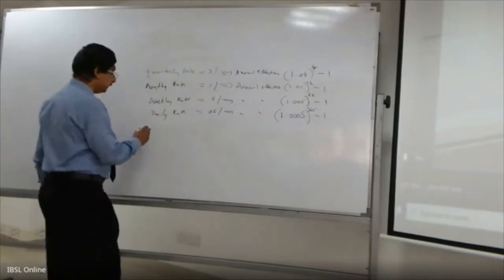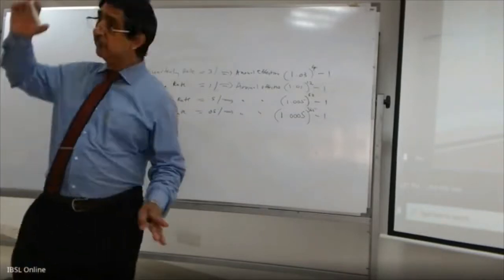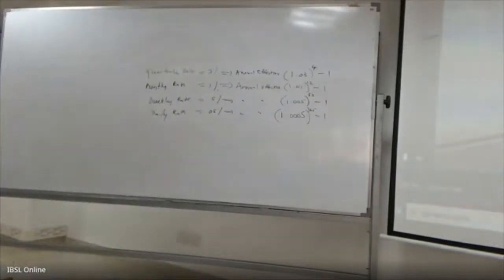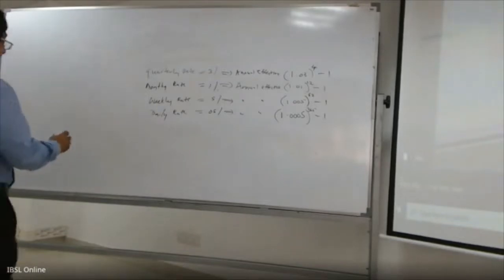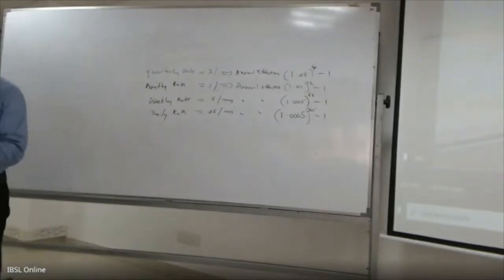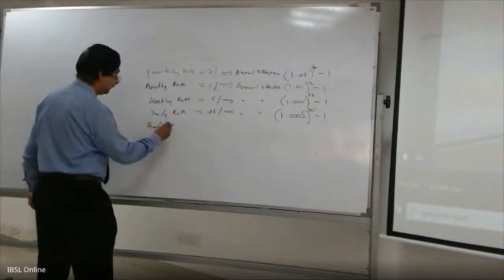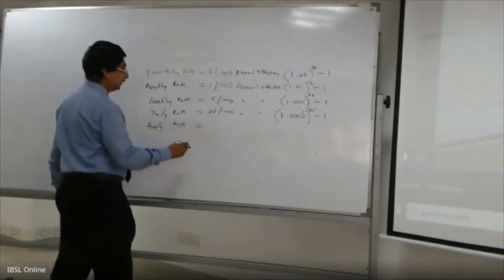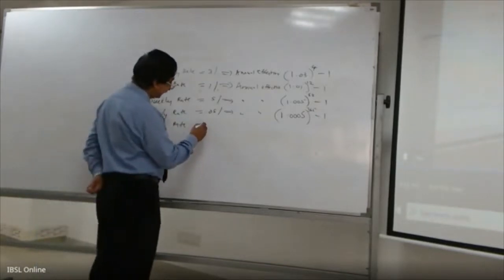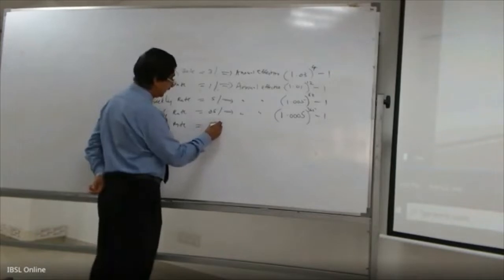Then now daily. Now how can we suppress it further? Hourly. I want to show you the meaning of continuous compounding. Hourly. Say hourly rate is 0.0001.